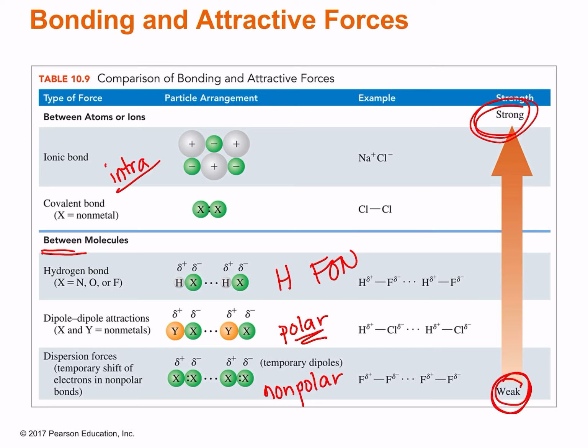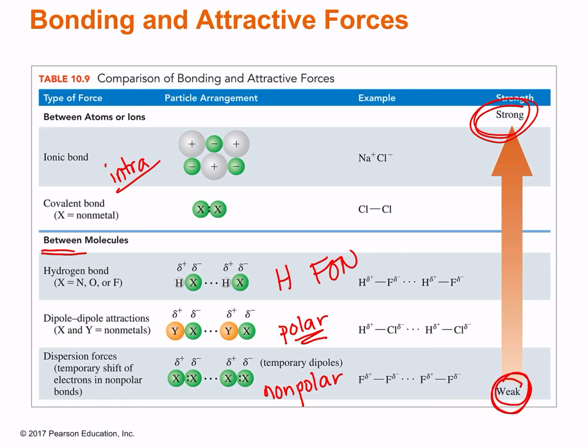So I do want you to be able to recognize what types of intermolecular forces a molecule would have, and I would expect you to be able to rank them. Hydrogen bonds are going to be stronger than dipole-dipole attractions, which are stronger than dispersion forces. And the stronger these forces are, the higher the melting point and the higher the boiling point.